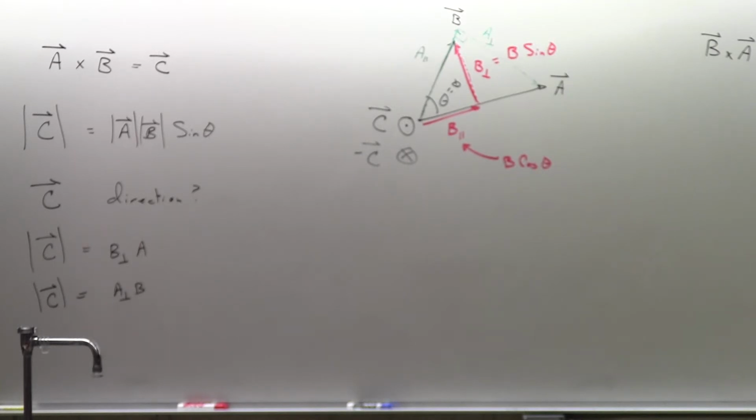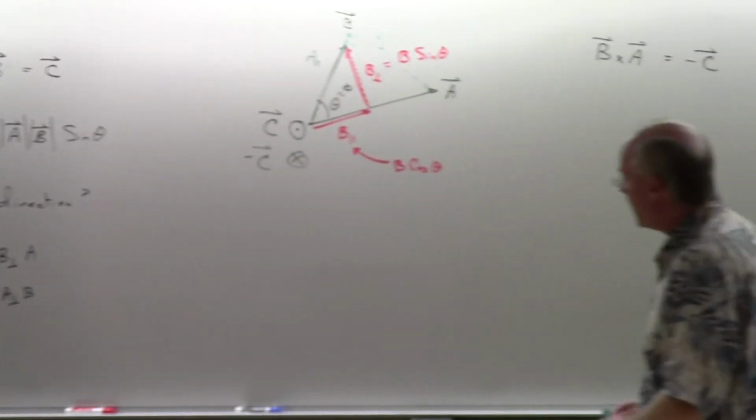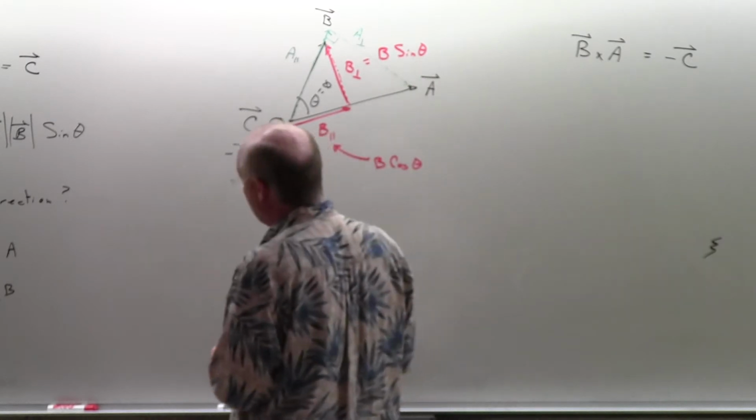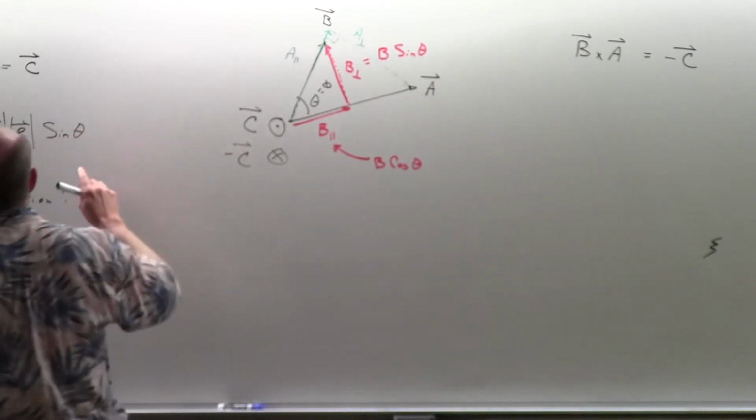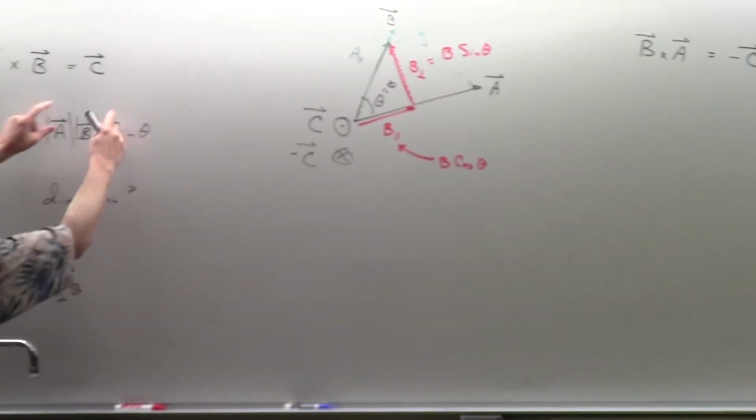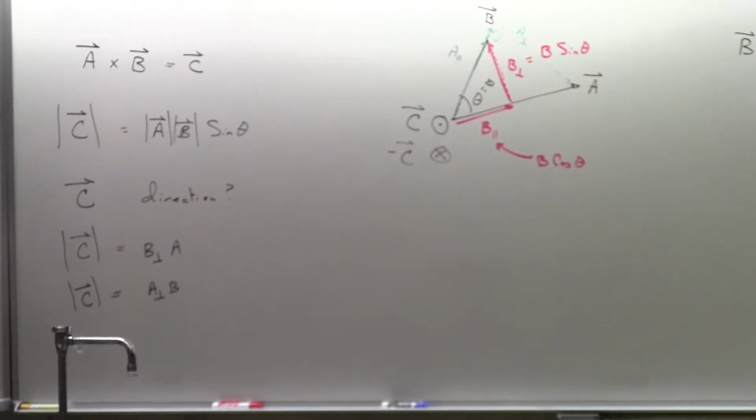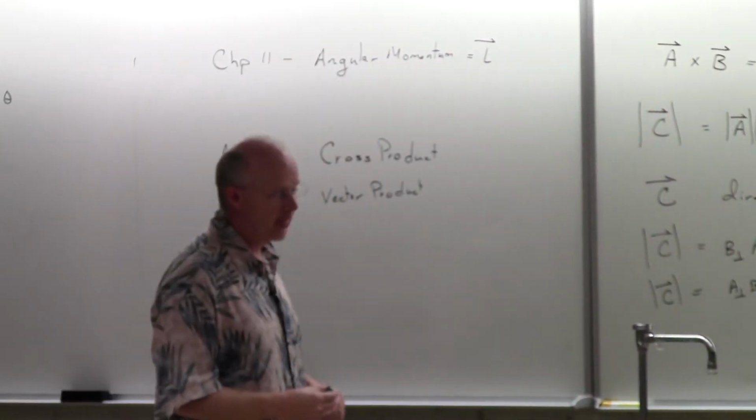Like I said, instead of looking at how much of B is projected onto A, look at how much of A is projected onto B. So in this case, we are essentially grouping A sine theta together and saying how much is perpendicular.